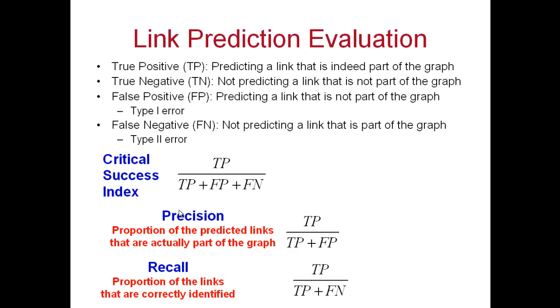That is more serious than a false positive, because in a false positive you are simply predicting a link between a node pair that shouldn't have a link. It's not as serious as not predicting a link between a node pair that is supposed to have a link. So false negative is a very serious error.